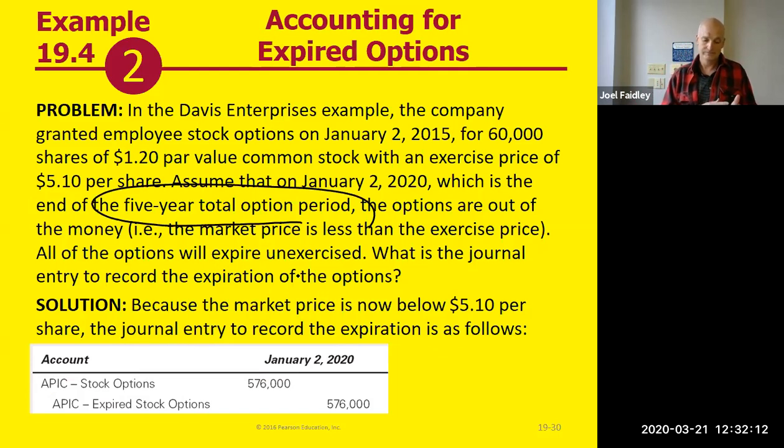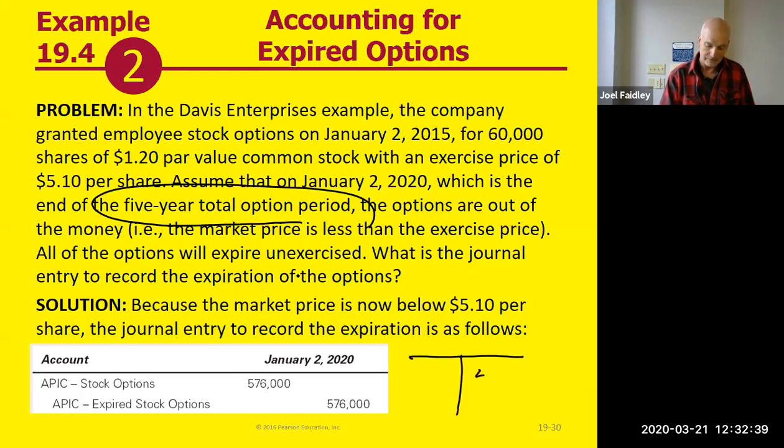No. So if you get through that 5-year period without these being exercised, they've expired. And what do you do when they expire? You don't go back and make journal entries correcting all the stuff you've done in the past. It's a good faith estimate. Everything should be okay. You did what you should do, but you do take it out of stock options, right?